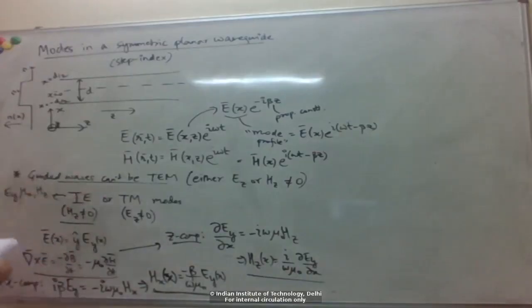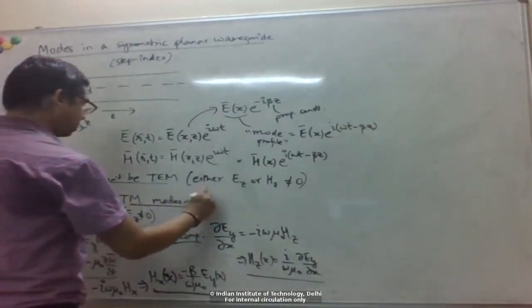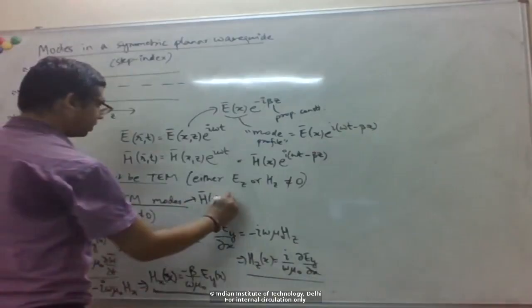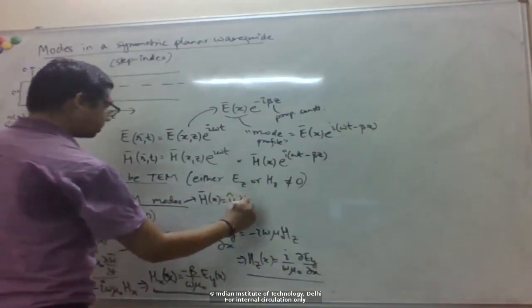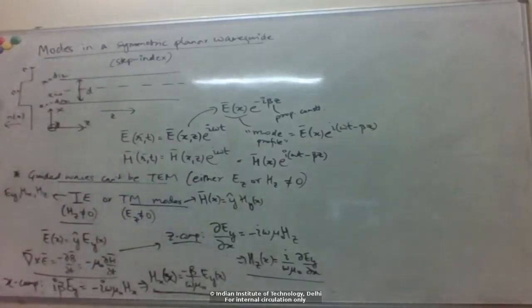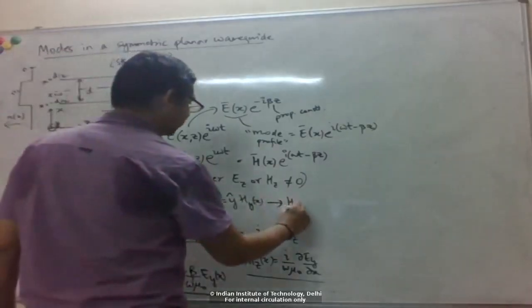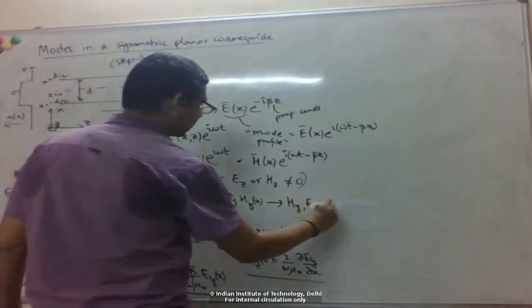By the same analogy, for TM modes, the magnetic field is transverse, like that. And for TM modes, you'll see that now Hy, Ex, and Ez are non-zero.